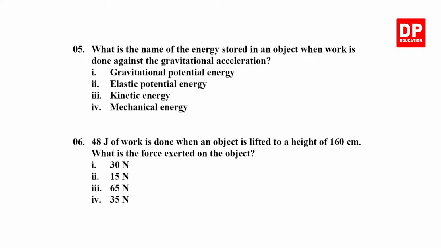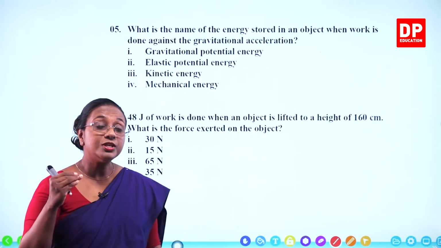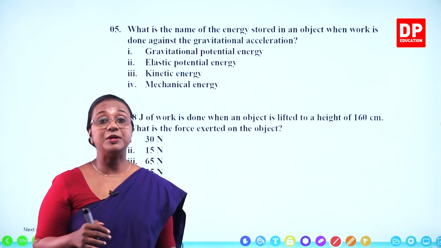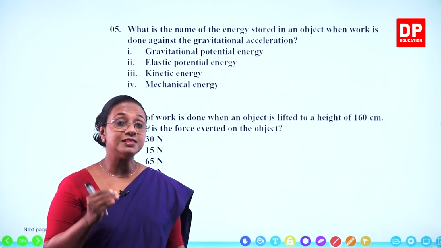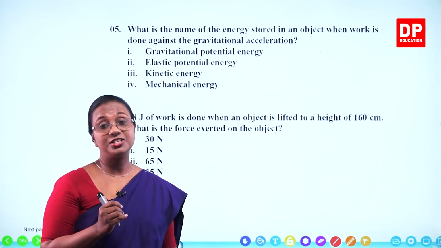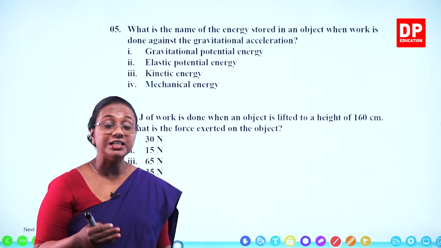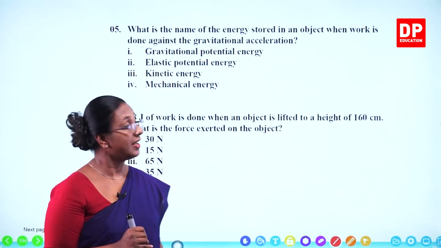Fifth one. What is the name of the energy stored in an object when work is done against the gravitational acceleration? So, due to the change in position, it is the potential energy. And here, since the work is done against gravitational acceleration, we call it gravitational potential energy.